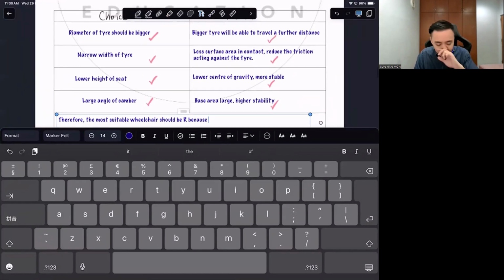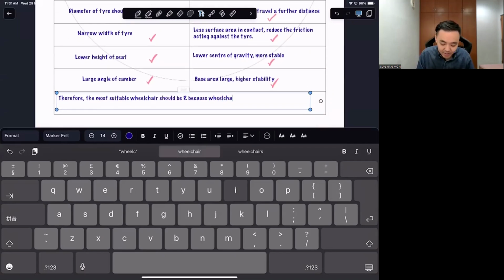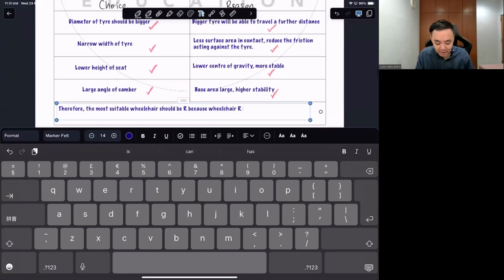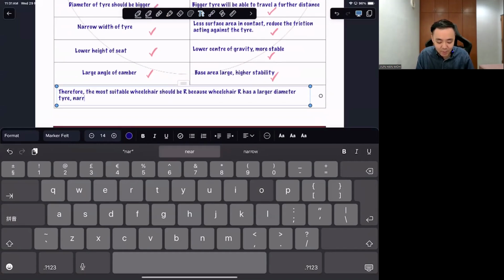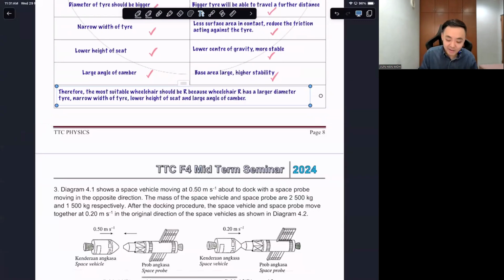Just now, all the advantage you said you want it to be, because, all right, wheelchair R has a larger diameter tire, narrow width of tire, lower height of seat, and larger angle of camber. Yes, literally you are copying.